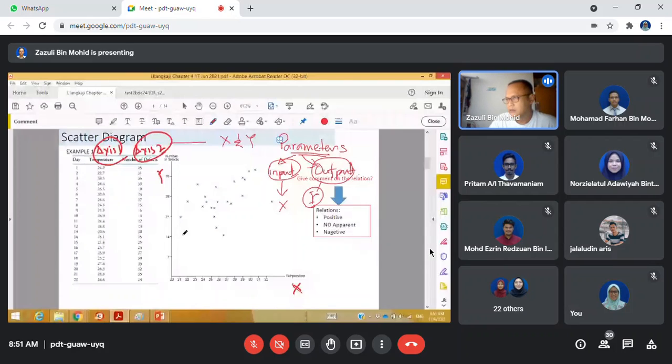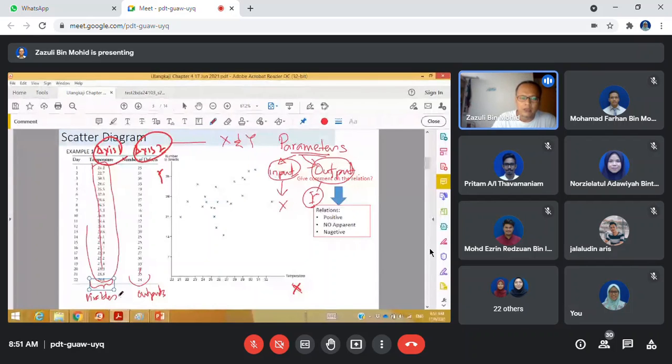In this case, we want to see the relation between the temperature and the effect. This is what we call variables. In experiment or engineering, we call this value here the variable. This one is for the output. Sometimes we call it the input variable.